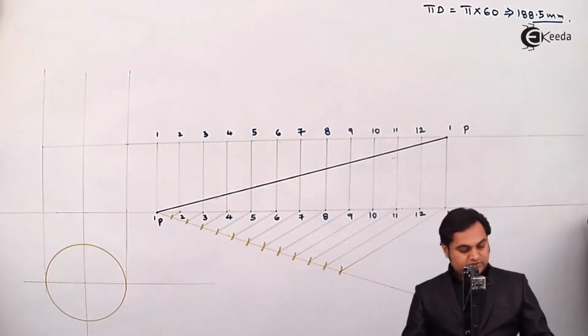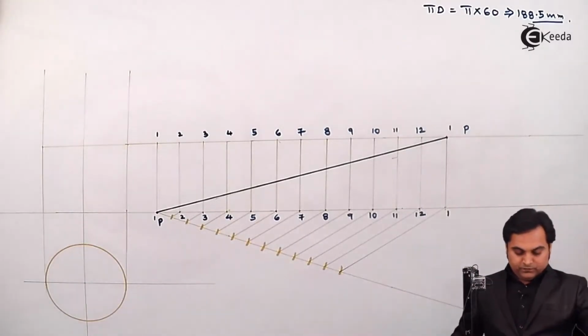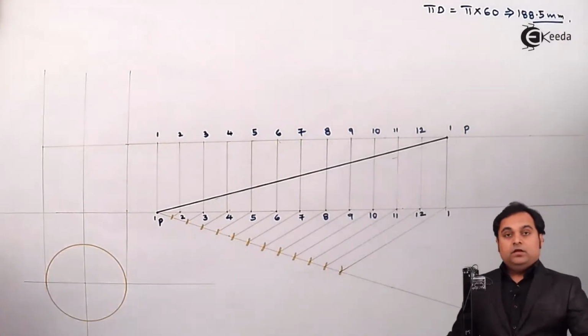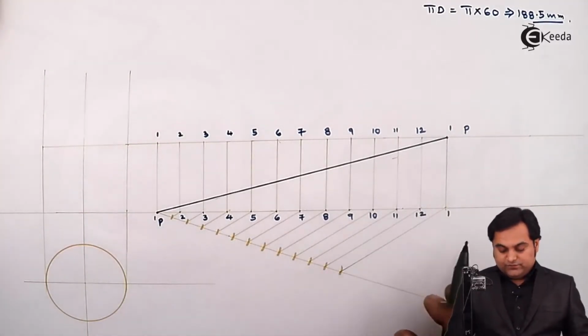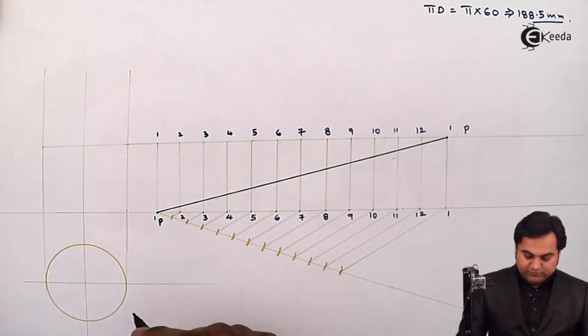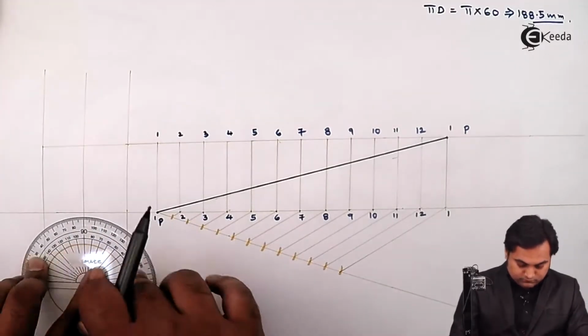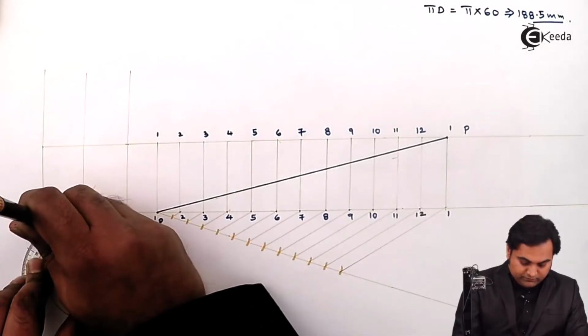Now after drawing this line dark, which indicates the helix, that is its development, like I have divided this circumference into 12 equal parts, similarly I would be dividing the circle also in 12 equal parts. So each angle will be of 30°.